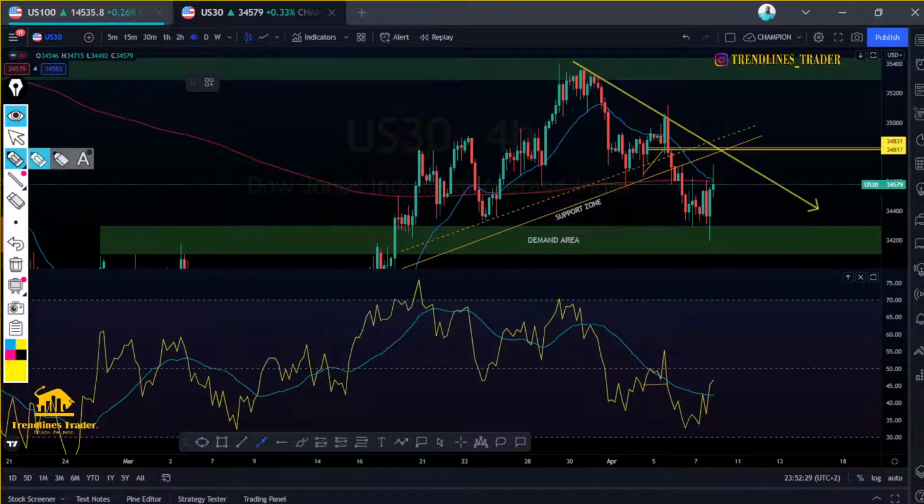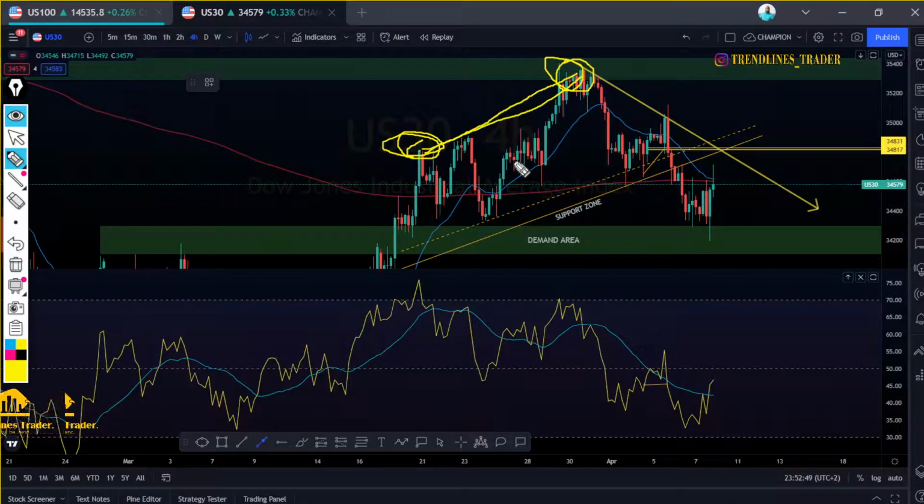Okay, let me make an example of the hidden divergence with this example here. Look at this area and this area right here, this point and this point. When you join them together, you can see it's a bullish trend, or the trend line is showing us the bullish trend.